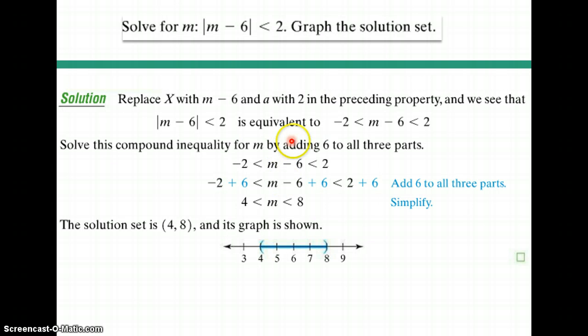By using the properties of absolute value, m minus 6 less than 2 is equivalent to minus 2 less than m minus 6 and m minus 6 less than 2.